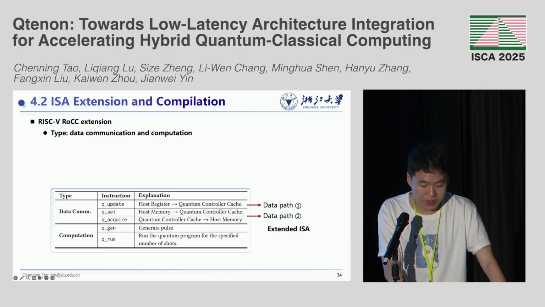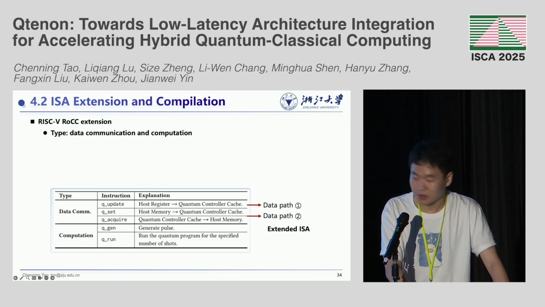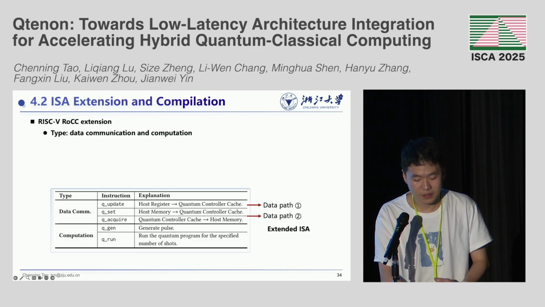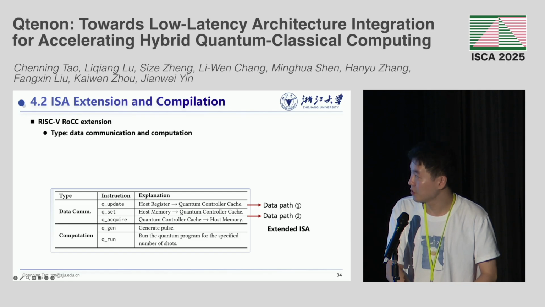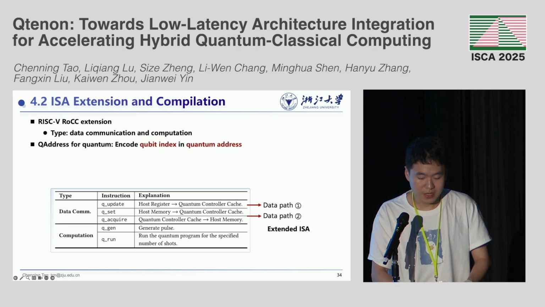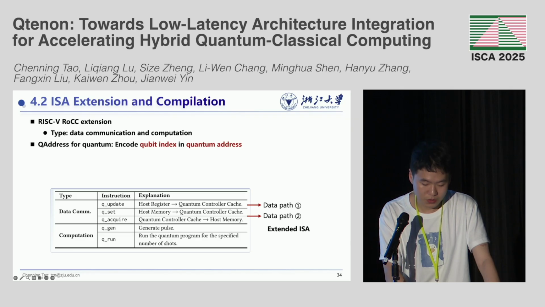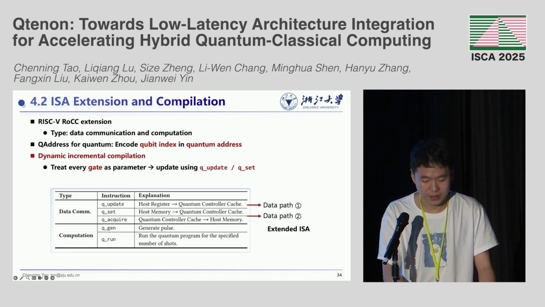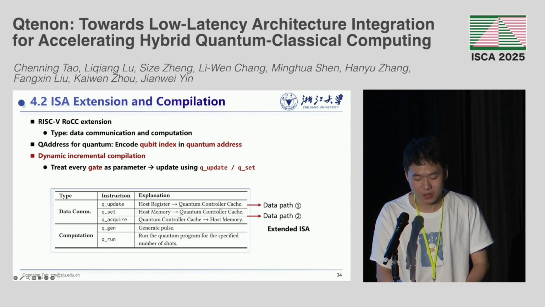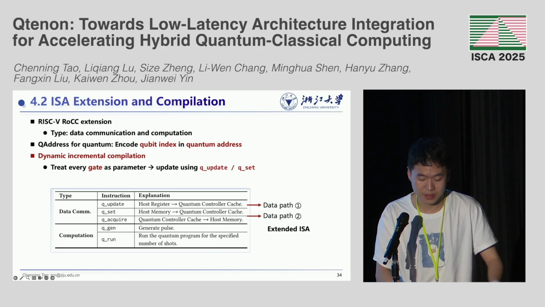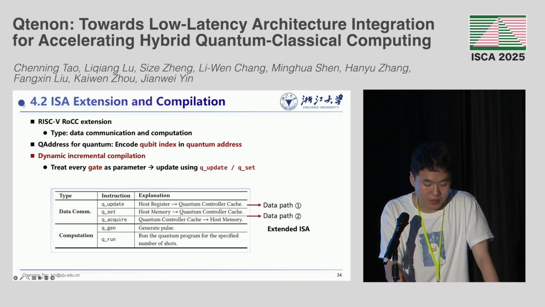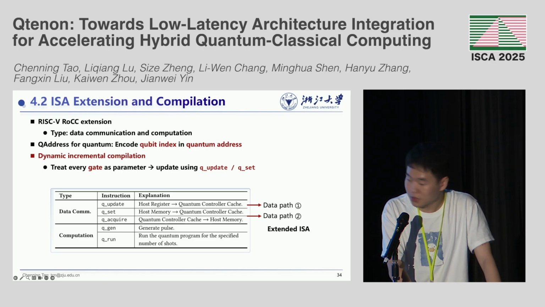For data communication, each instruction corresponds to a specific data path, and we introduce the concept of queue address, which will index the qubit into the address. In our ISA, every quantum gate is treated as a parameter, so they can be updated using either queue update or queue set. This design enables dynamic incremental compilation for the quantum part.